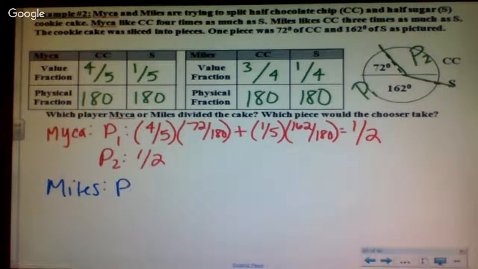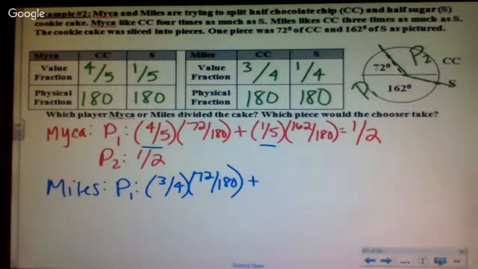Okay? Miles. Let's do it according to Miles. So the only thing that's going to change are your value fractions. Your physical fractions are not. So Miles' chocolate chip is 3/4, and I still have 72 out of 180. Plus, his sugar cookie is 1/4, and I still have 162 out of 180.